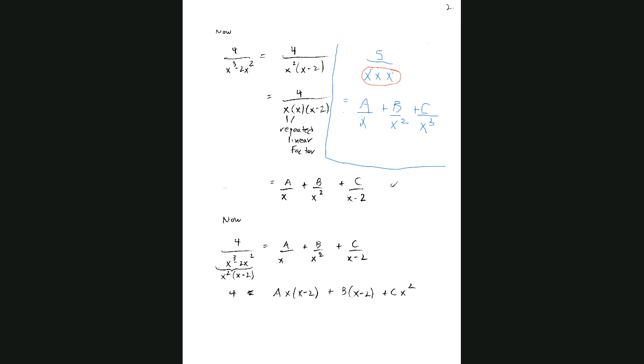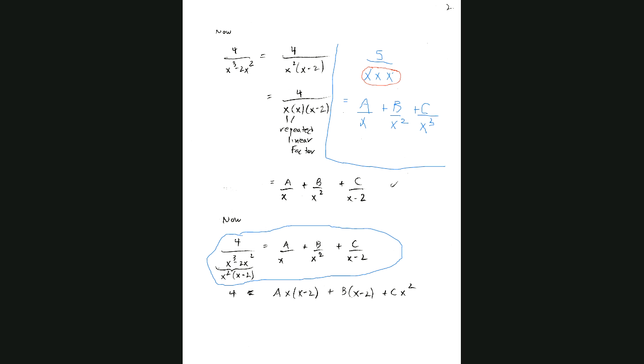So this means then that 4 over x cubed minus 2x squared will equal A over x plus B over x squared plus C over x minus 2.